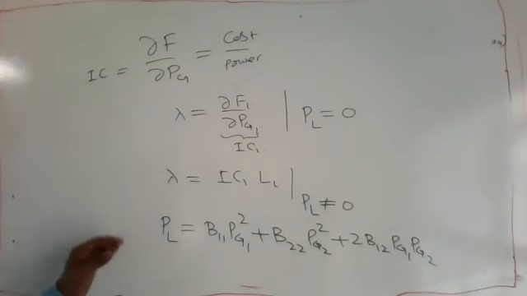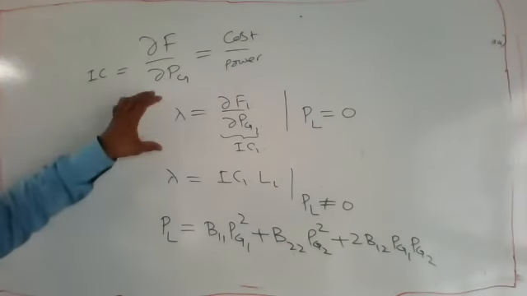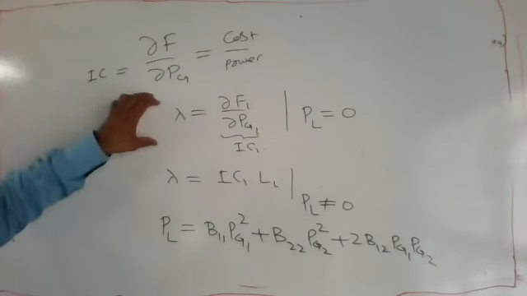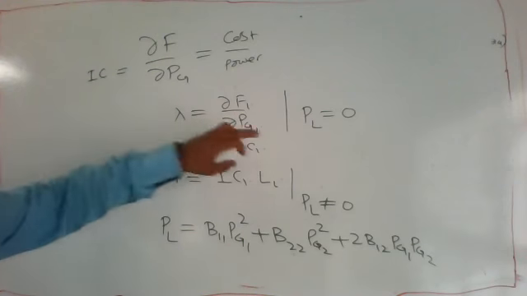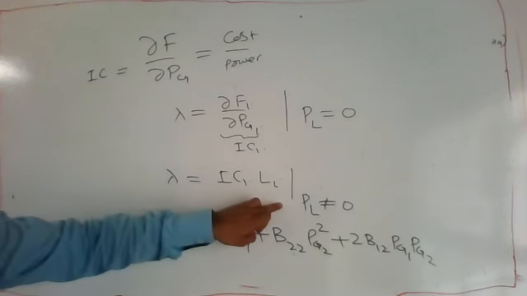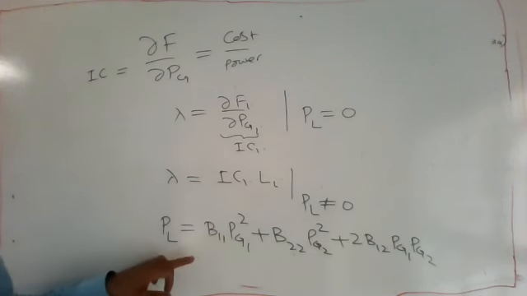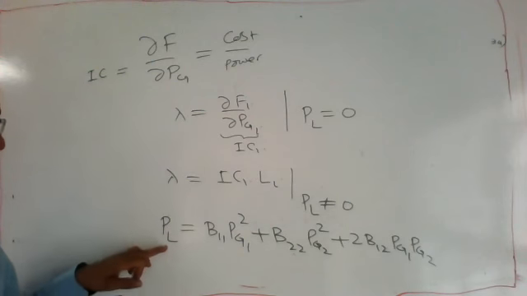First we derived the economic load dispatch formula without losses, then with transmission losses, then the loss formula for the transmission line.